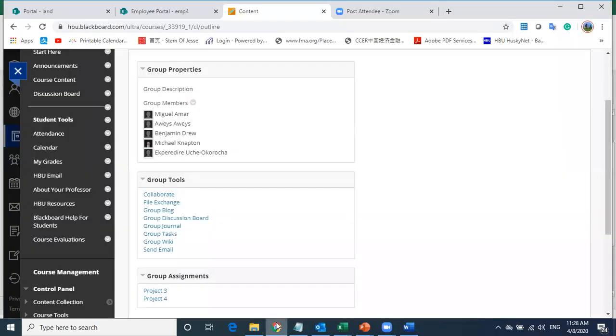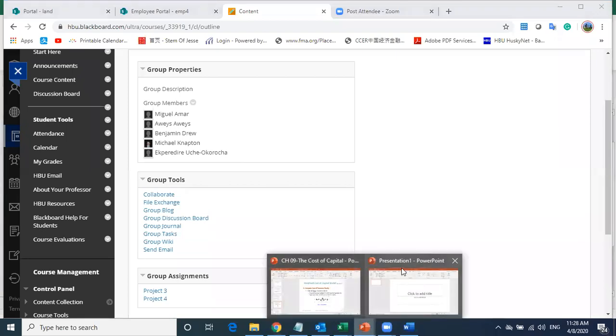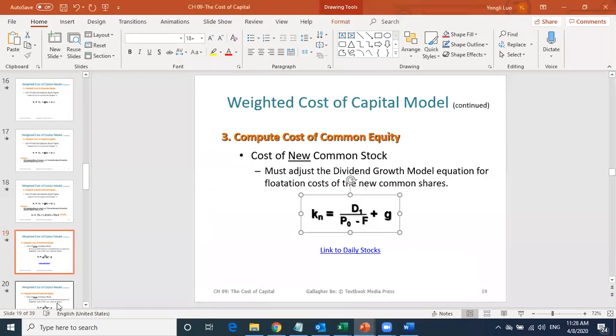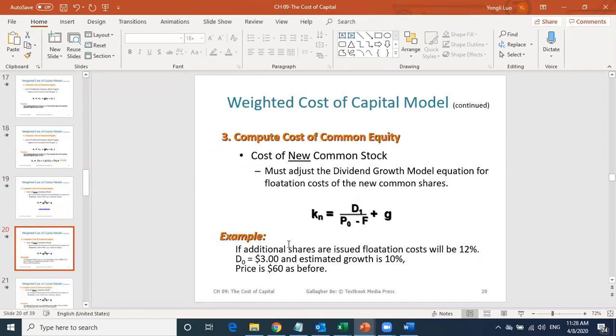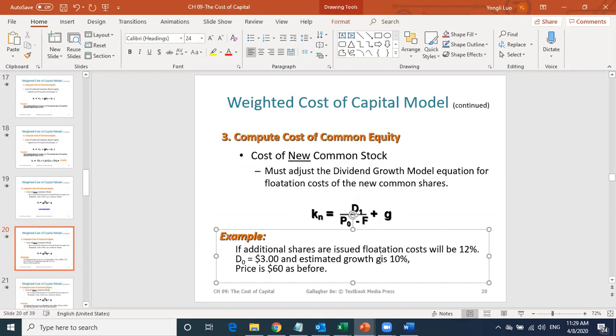Okay, let's see how you get this solution. So this is an example. If additional shares are issued, flotation cost will be 12%. The current dividend is $3, and the estimated dividend growth rate G is 10%.